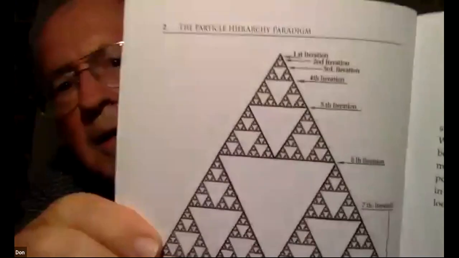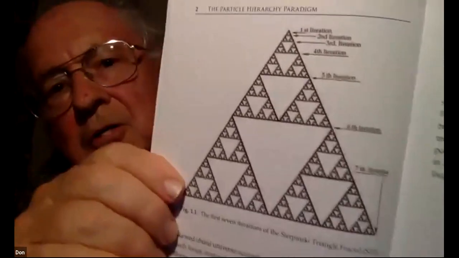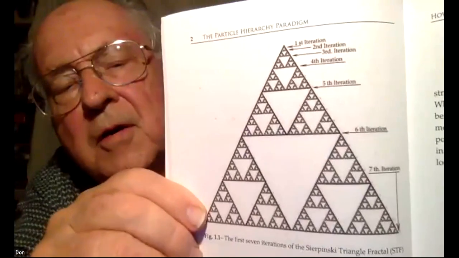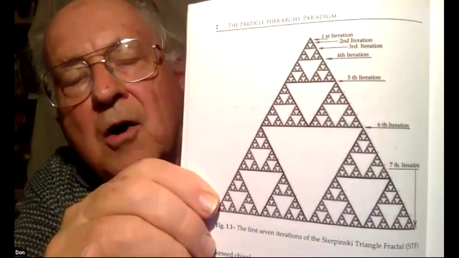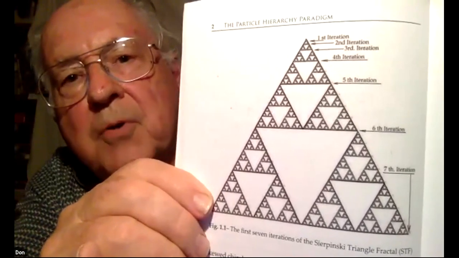When I got to 7 iterations of this fractal, let me show you the picture in the book. Can you see there are 7 iterations there from top to bottom? The notations on the side are the number of loops up to that point.